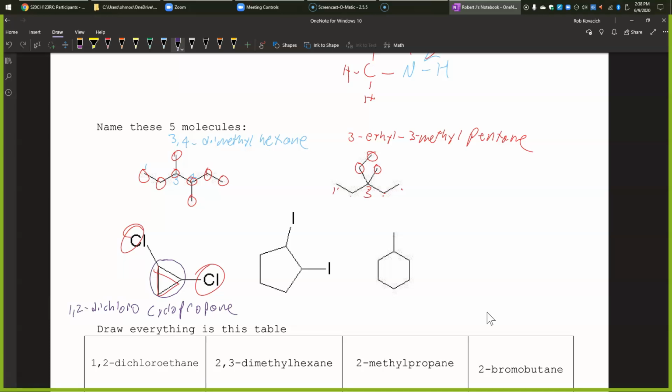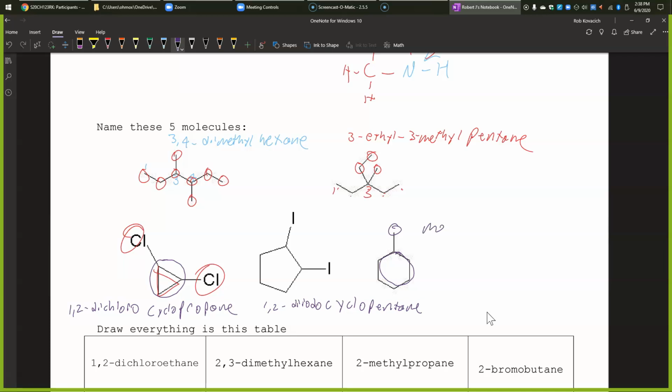Same kind of situation with the next one. It's 1,2-diiodocycloheptane. And then the last one here is 6 carbons and then a methyl group.